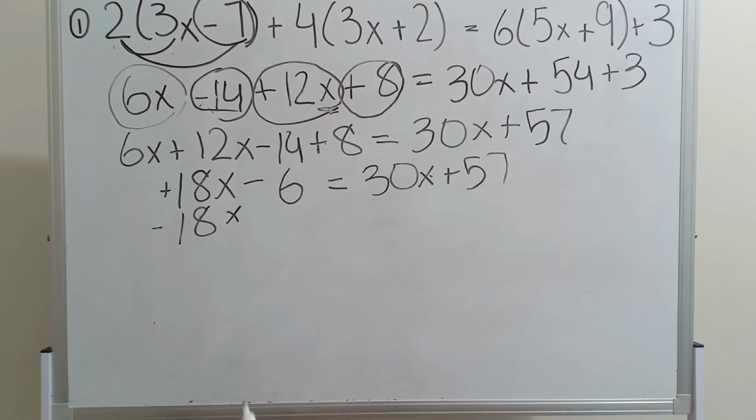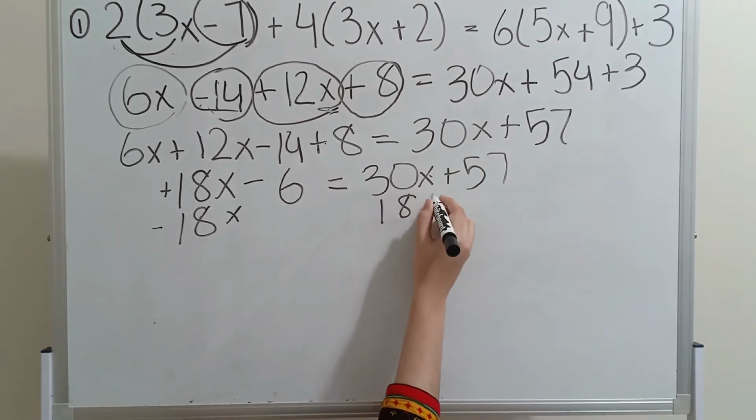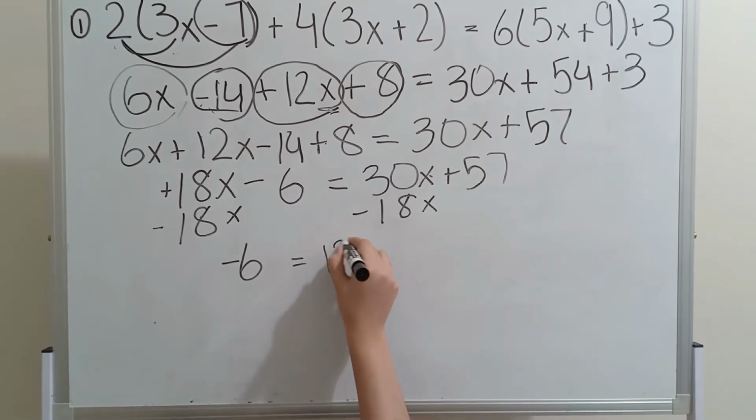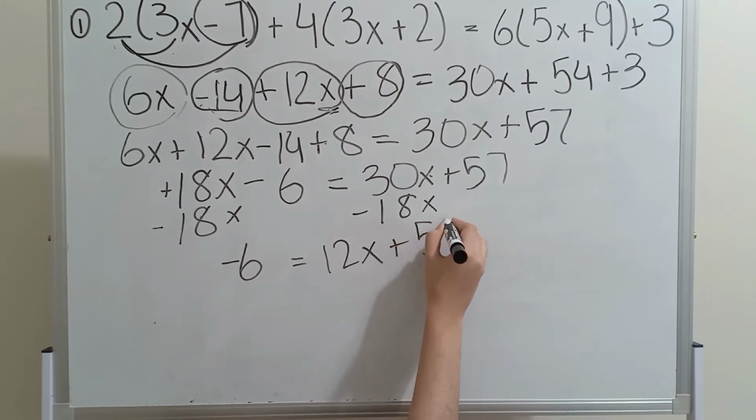And so we're subtracting 18 here, so we're going to subtract 18x here too. So we're going to be left with negative 6 equals 30x minus 18x, which is going to give us 12x plus 57. So now what we're going to do is subtract 57.